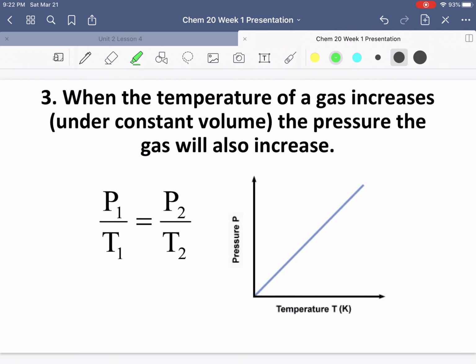The last one, number 3. Let's throw pressure back in there. In this situation, as temperature goes up, then the pressure is also going to go up. Now, notice, guys, for each of these, if it's pressure and temperature that are changing, then the other variable stays exactly the same. So pressure and temperature change, which means volume is constant.